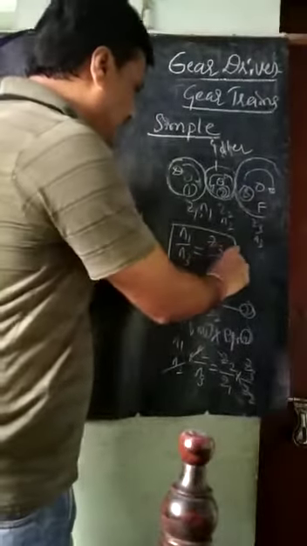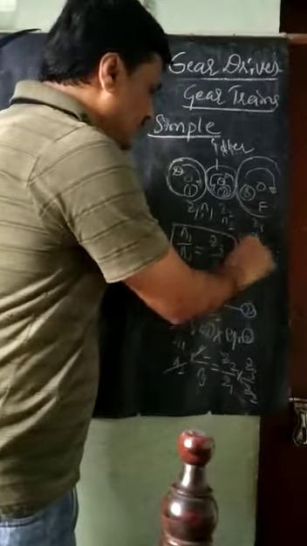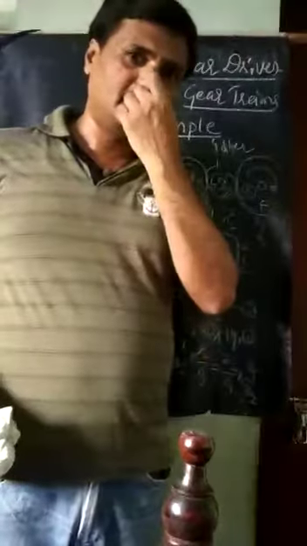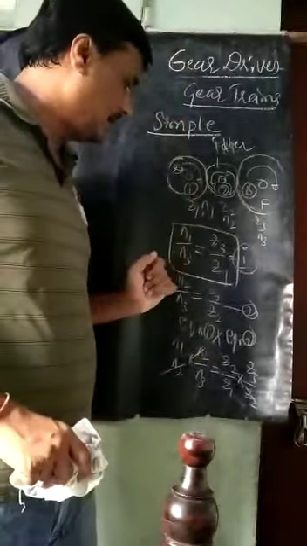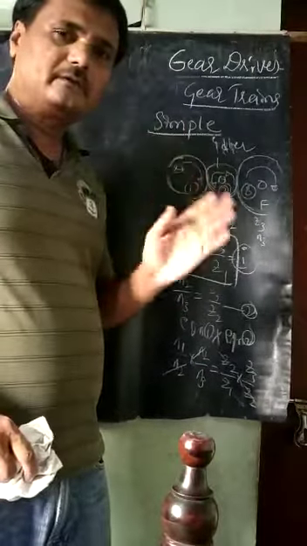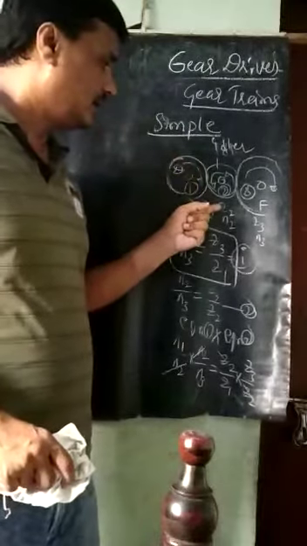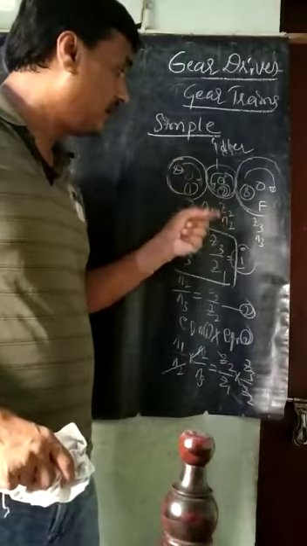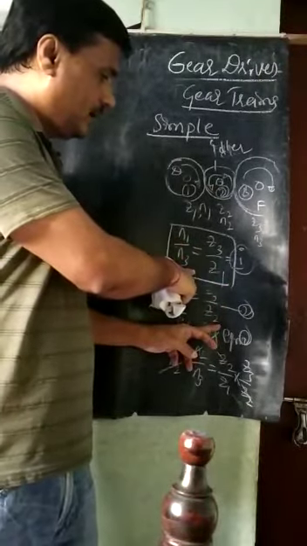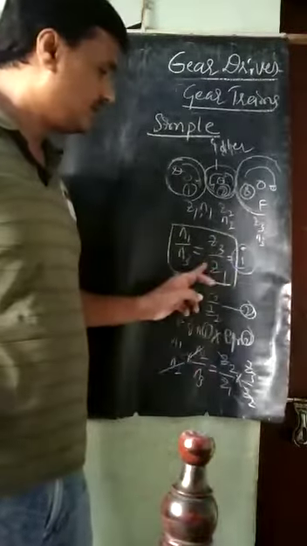This is the velocity ratio I for the gear train. What is it indicating? It is indicating that the velocity ratio doesn't depend on the number of teeth and speed of the idler. Here N2 is not appearing and Z2 is also not appearing in the final equation.